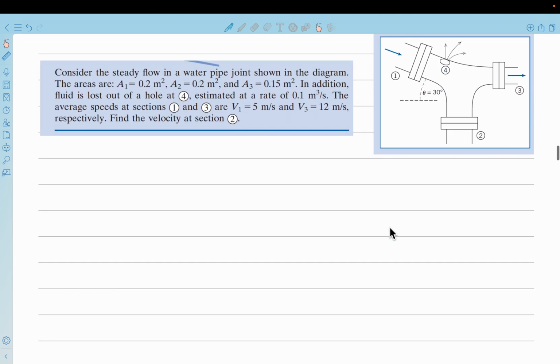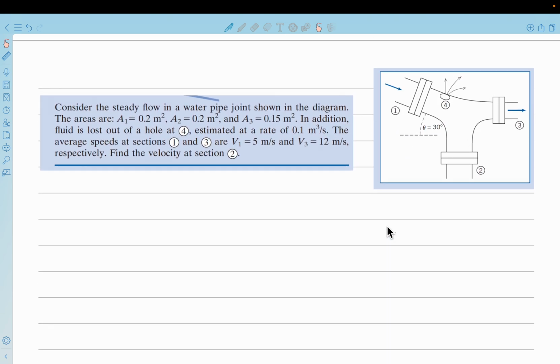Okay, so then let us solve some questions. The first question: we have flow through a pipe where there is a junction of pipes, and as you can see, there is fluid coming in through 1 and moving out from 3, and also through 2, and then there is a hole, labeled as location 4.